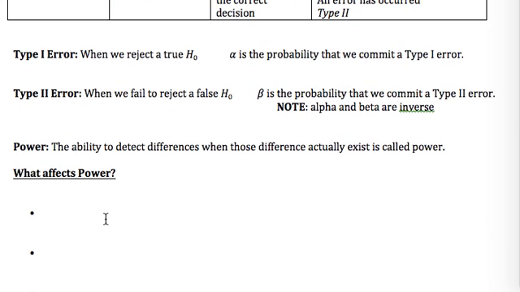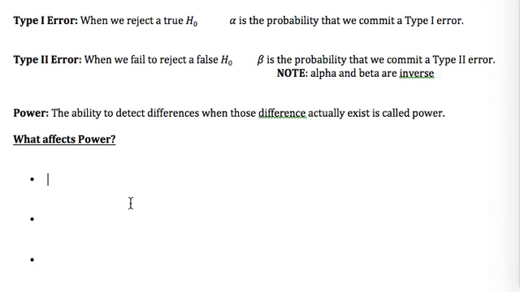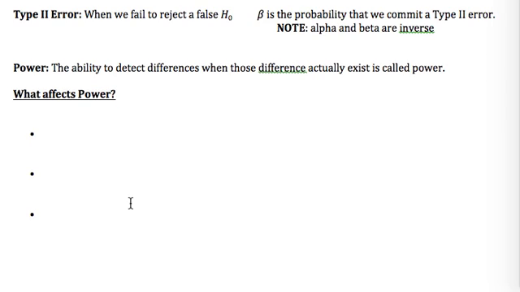So what does power depend on? Some of these are more intuitive. Some of them I think we'll have to have some experience with. Power depends on, I think, three main things. Here's those things. When alpha increases, power does what?